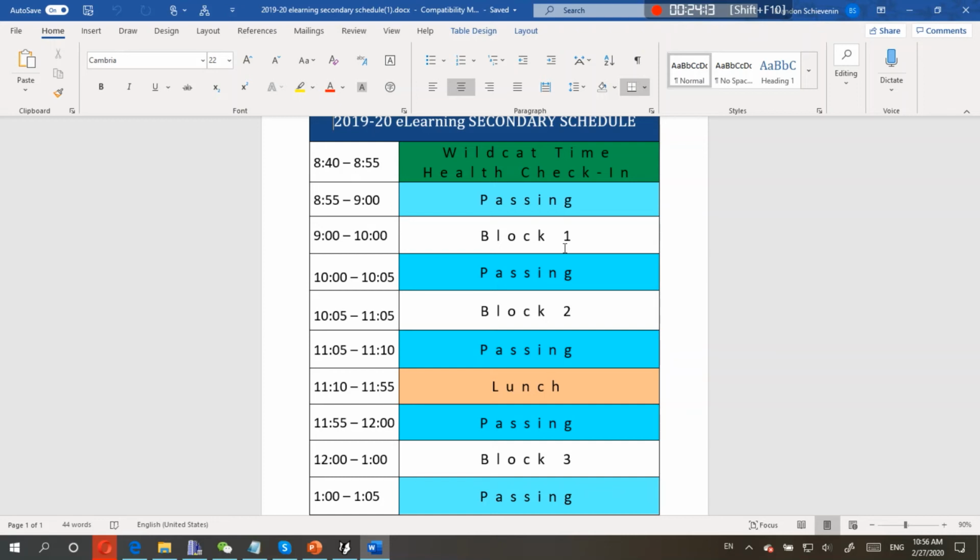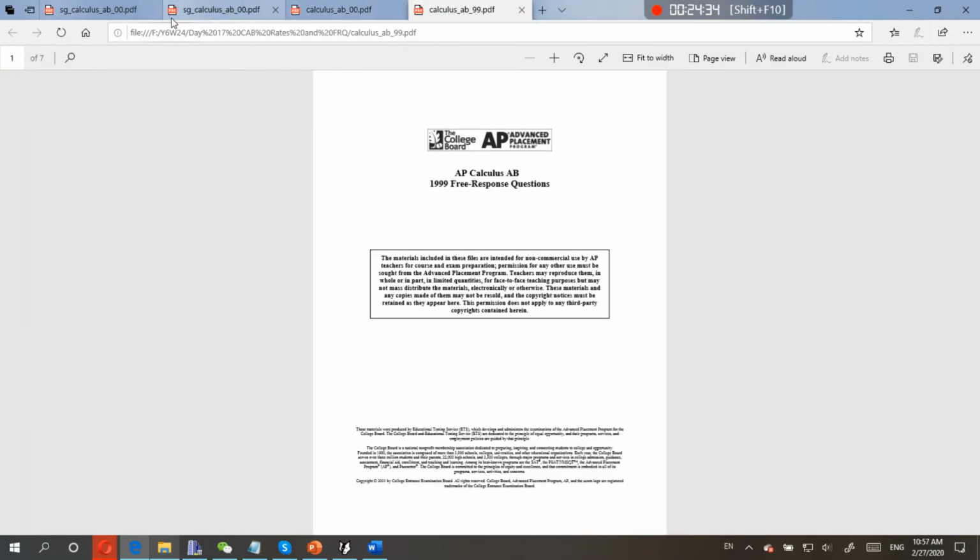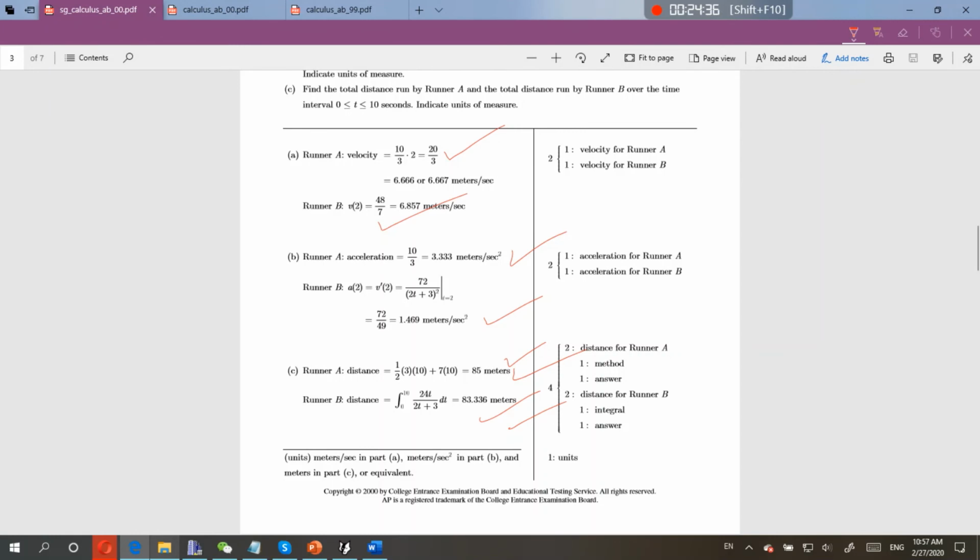No, but from the homework yesterday, I had issues with the last one. The second one. Wait, I'm going to send it. Okay, let me see if I can pull it up. It will pull up the scoring guide.